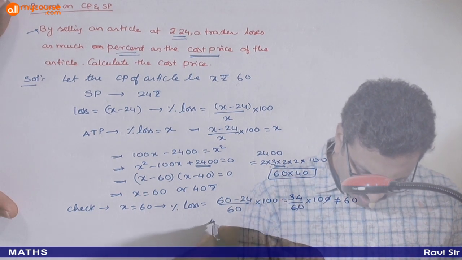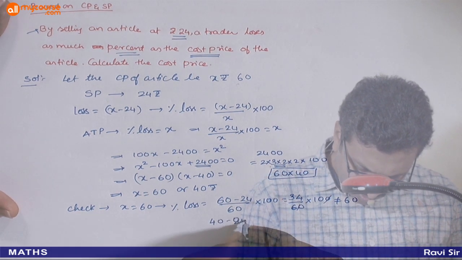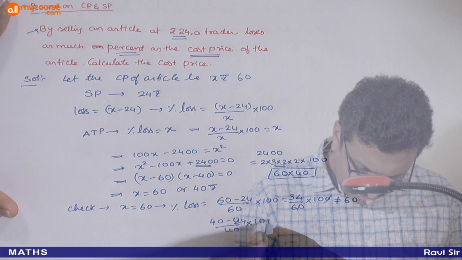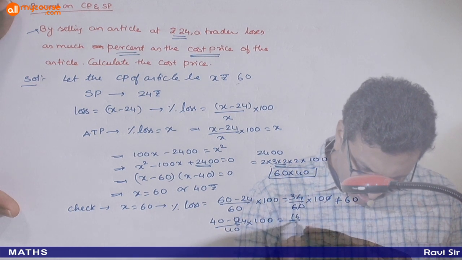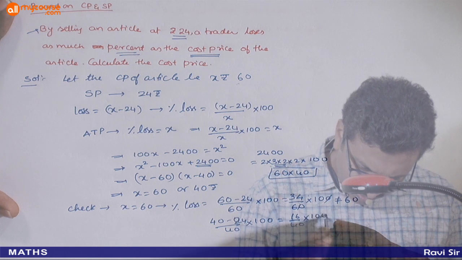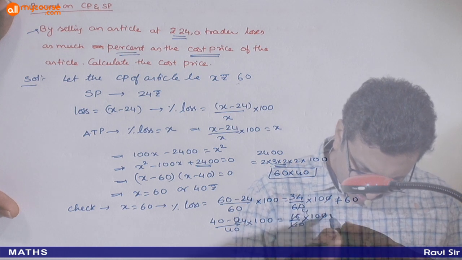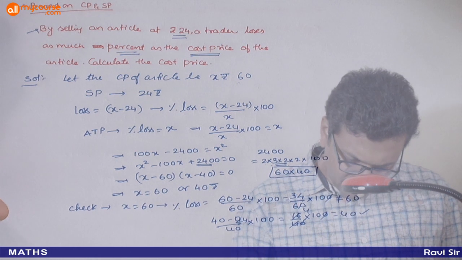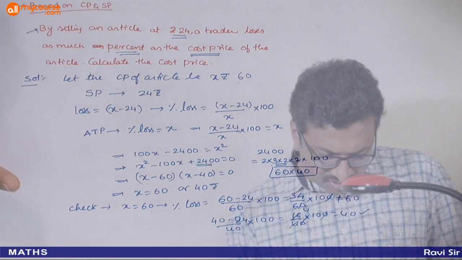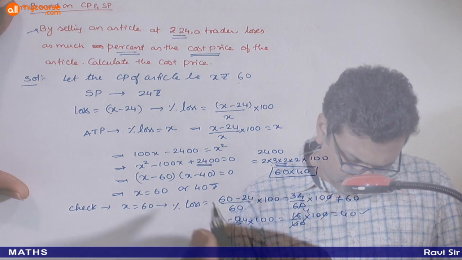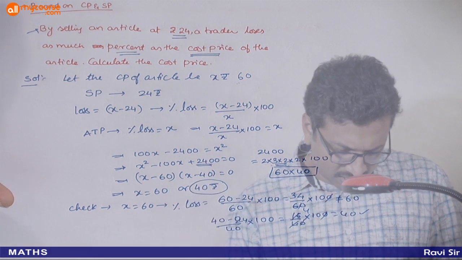For 40, (40 minus 24) by 40 into 100 is equal to 16 by 40 into 100, which is equal to 40. हाँ, ये काम किया. So X is equal to 60 is not working. So X is equal to 40 is the answer.